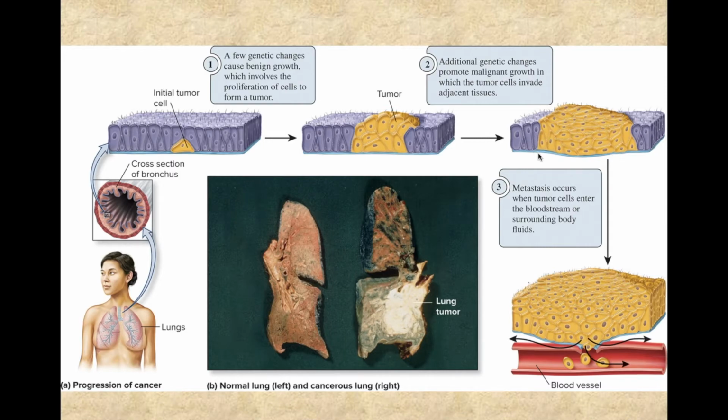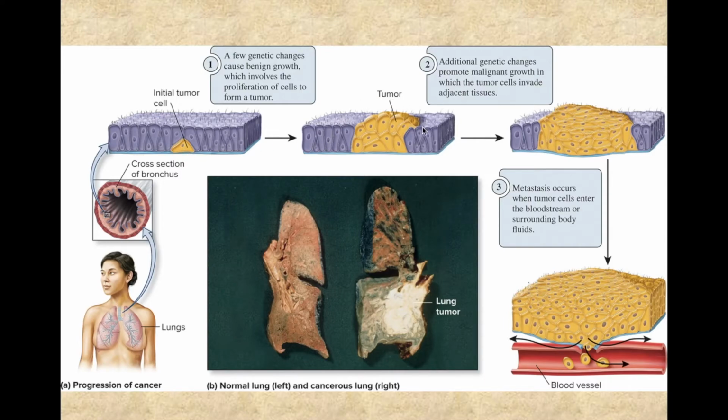And it begins actually invading further tissue, potentially metastasizing, which means some of these cells breaking off into the bloodstream, lodging elsewhere, and forming new tumors elsewhere throughout the body. This is potentially a path that a single cancerous cell can take.